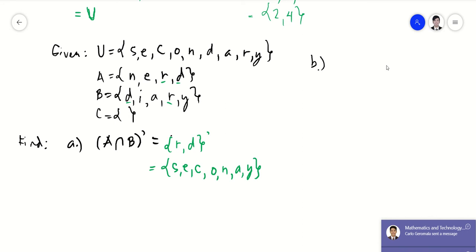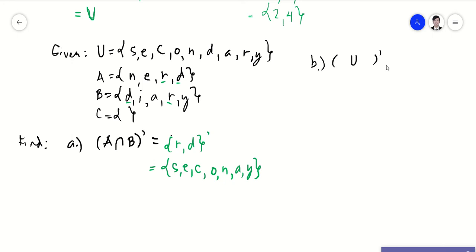Okay, what if the given is the complement of the union of A and B? So you'll start by finding first the union of A and B, and that will give us D first, D from the diary, I from the diary again, the A in the diary, and then the R in the diary, and then the Y in the diary.